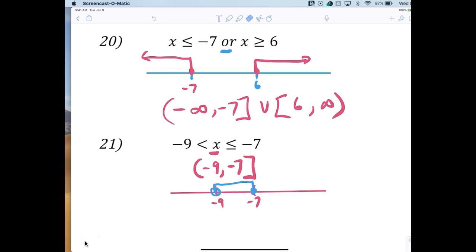I think on the test, actually, I said draw the number line and put it in interval notation. And part of the reason I do that is just because I want you to be right. You know what I mean? I think sometimes the number line is just beneficial so you can see it better. All right?